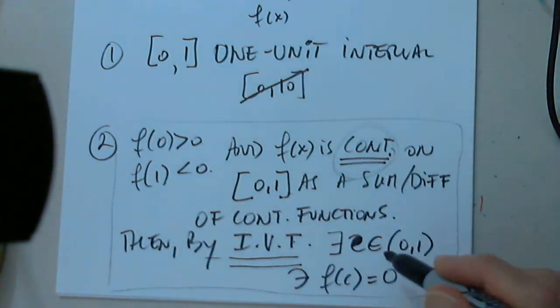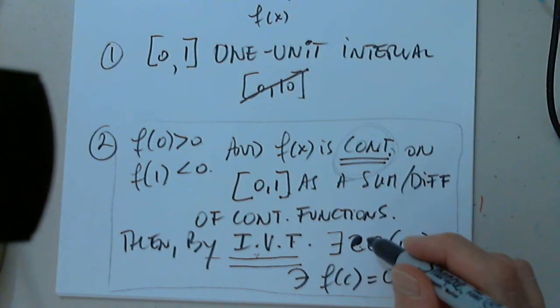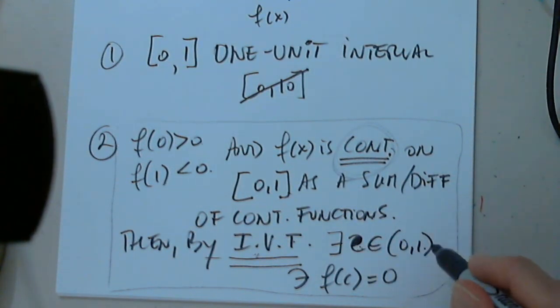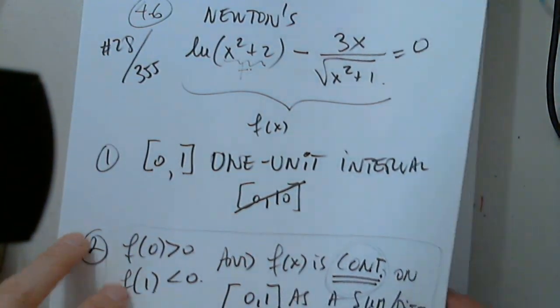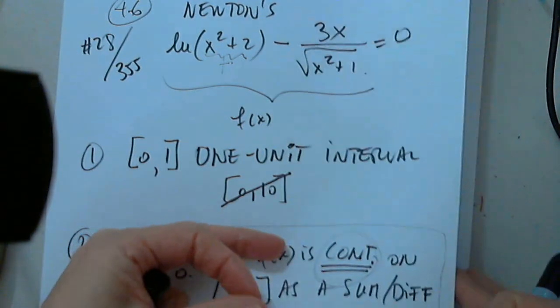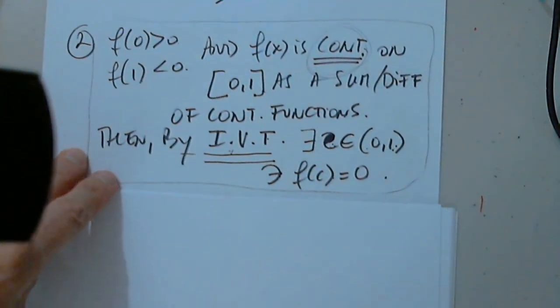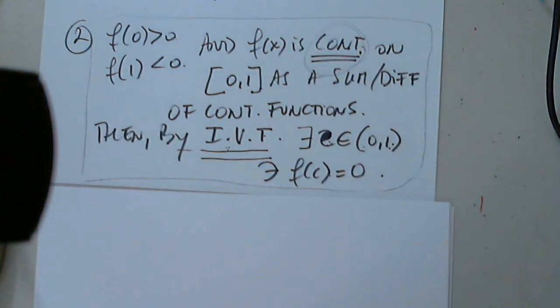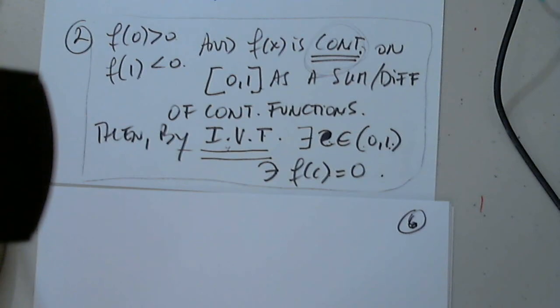So then IVT guarantees at least one c in the open interval 0, 1 such that f of c is 0. Only after I state this, I can continue with step 3 and create Newton's function, what I like to call Newton's function. Okay, so Newton's function now.